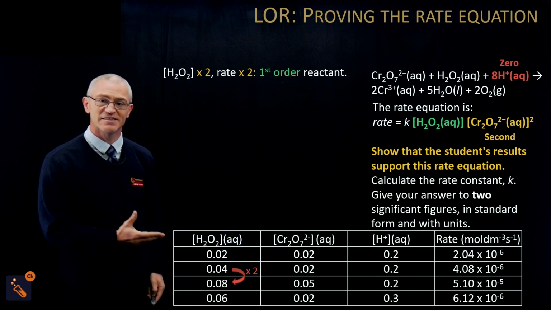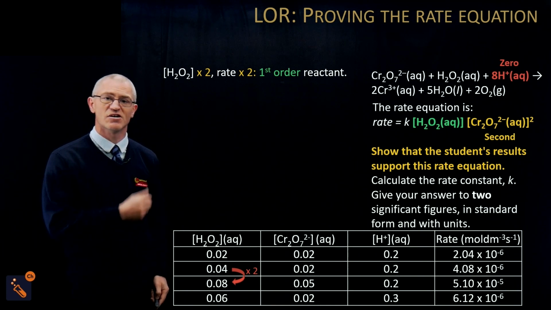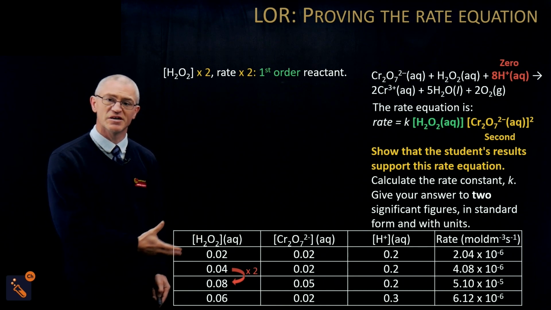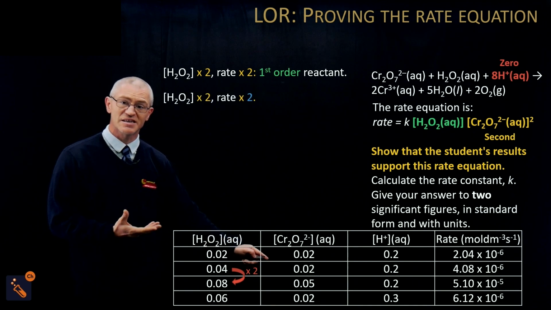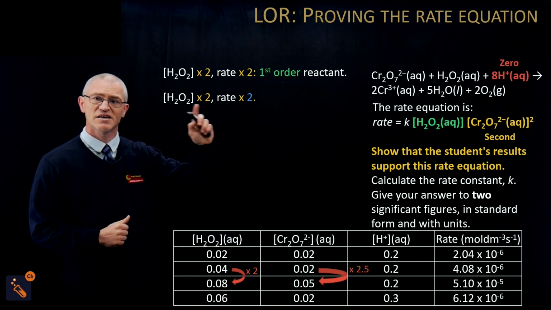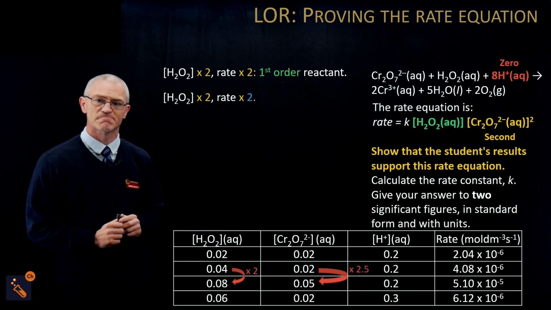The key here is to say, well, I already know that H2O2 is a first order reactant. I've already proved that. So I think from this change that the rate will double. Now, if I know the rate will double, I can then compare the extra change in the rate when I take the chromate up by 2.5 times.